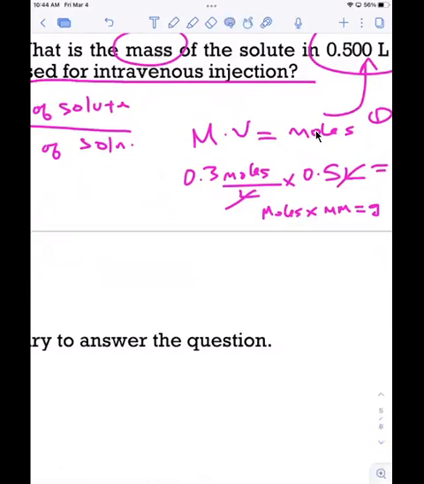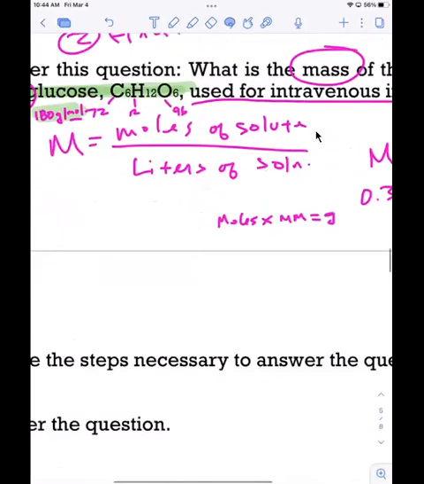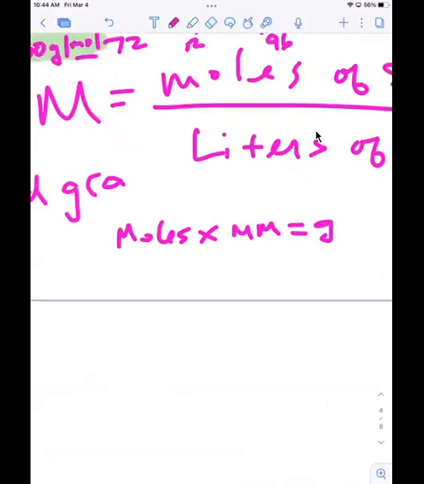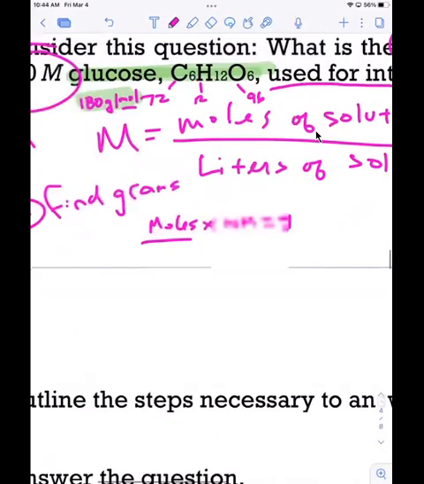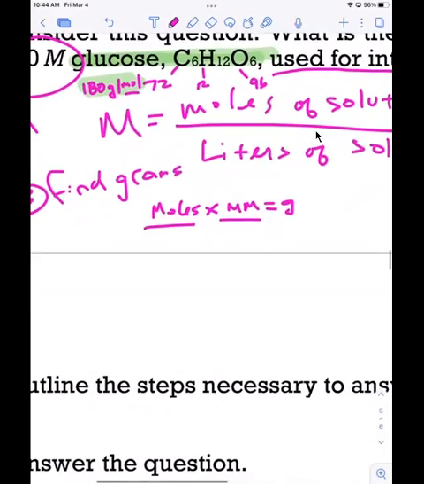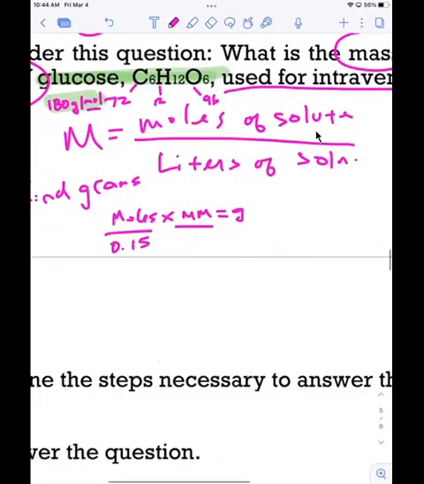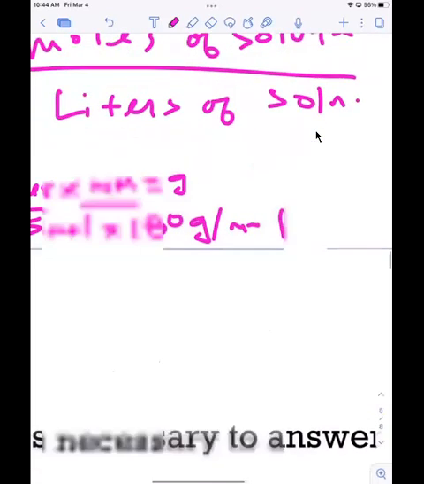I'm going to move this over so you don't confuse it with the initial calculation. All right, so we're going to find the grams from the moles that we found and the molar mass that we calculated, which is going to be 0.15 moles times 180 grams per mole.